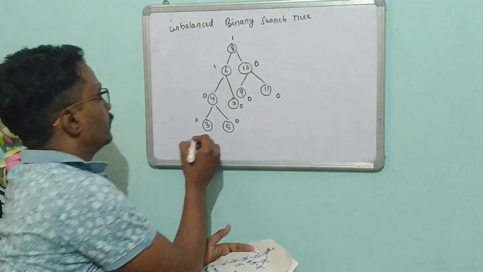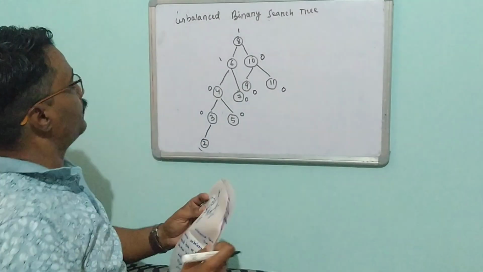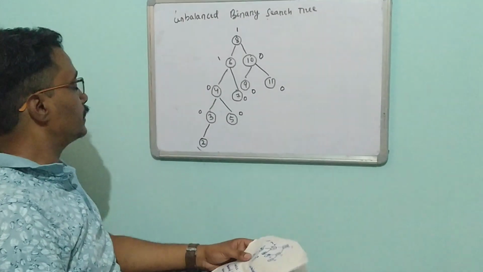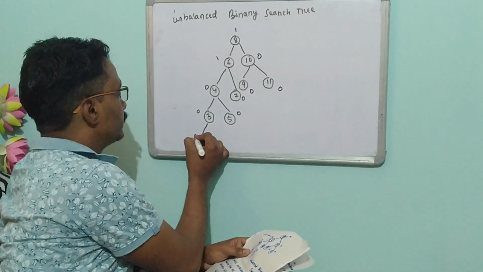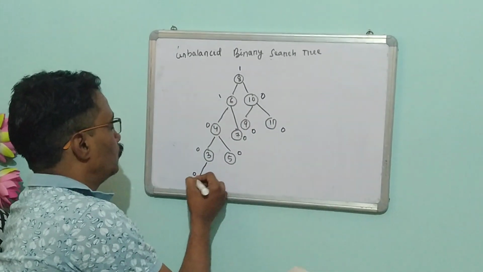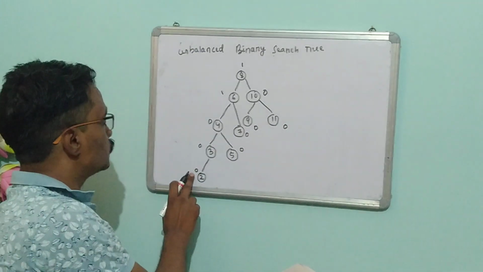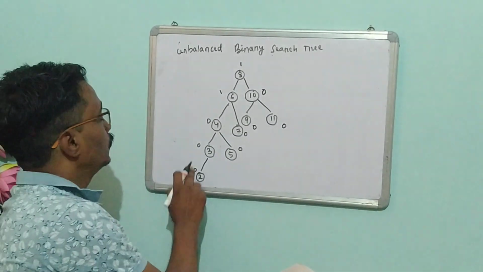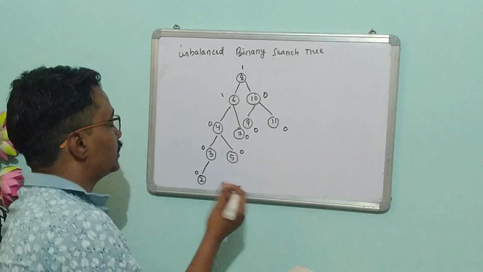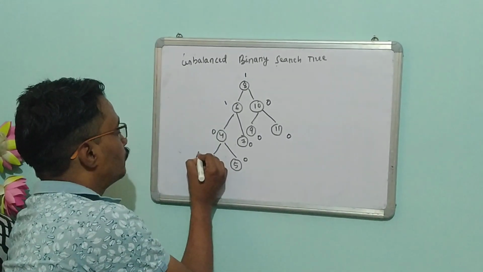If I insert one node as a leaf in the left part of the left subtree, if I insert 2, what is happening here? Now 2 has balance factor 0. Whenever I insert 2 in the left part of the left subtree, 3 has its balance factor changed, because it has a left subtree of 1 and right nothing, so it becomes 1.